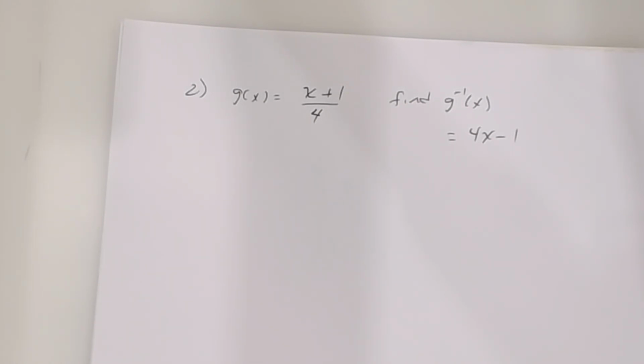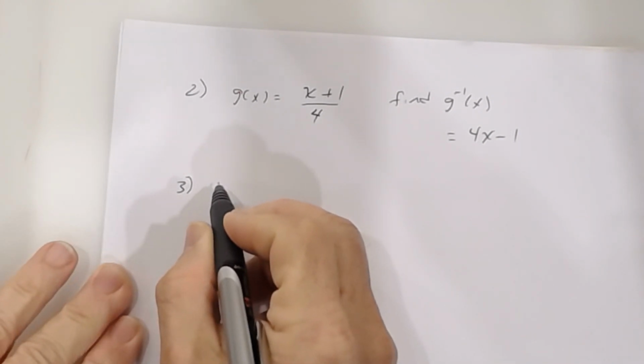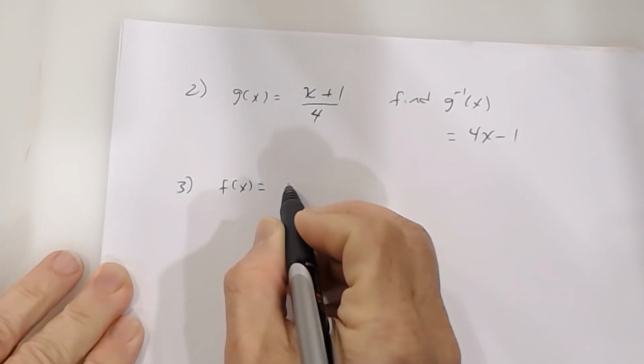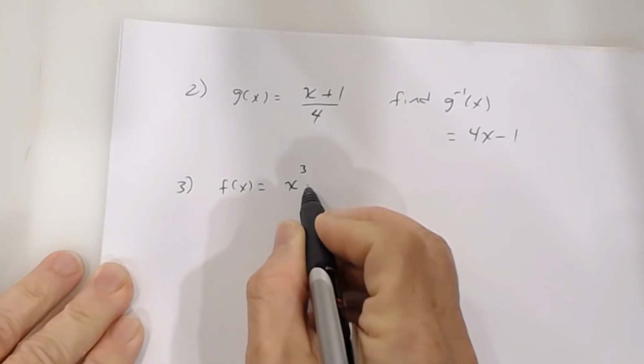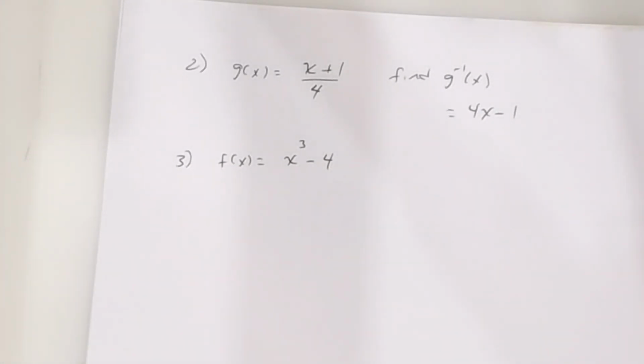All right? Okay. Now, let's talk about the algebraic approach to finding the inverse. So let's suppose on your math lab you're going to have something that looks like this. f of x equal x cubed minus 4. Now that's not linear. That's what kind of function?